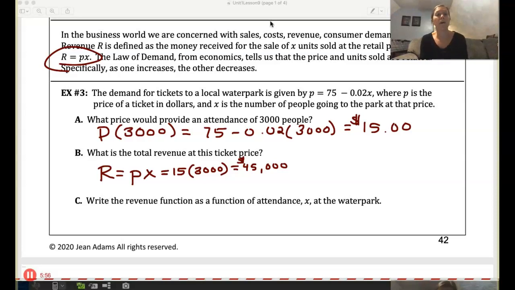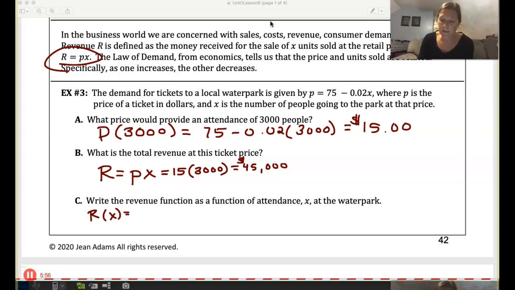Okay, so now we want to write the revenue function as a function of attendance, x, at the water park. This is kind of like our general setting. I used part B because I knew how much my ticket cost and I knew how many people were going to come and buy the $15 tickets. So for C, I want to write my revenue in terms of x. So I need to get rid of P, right?